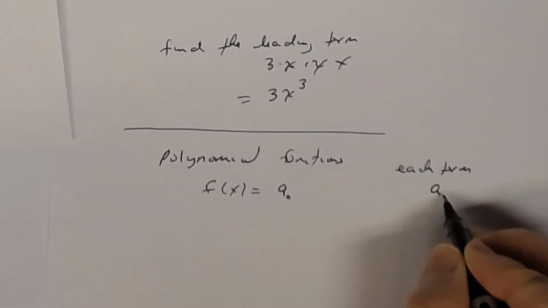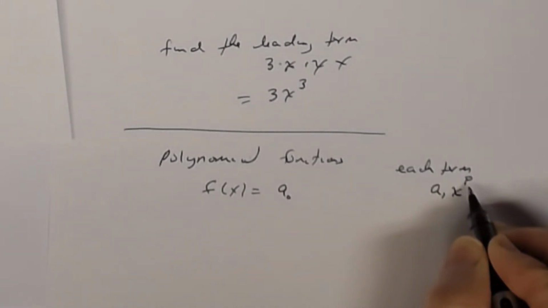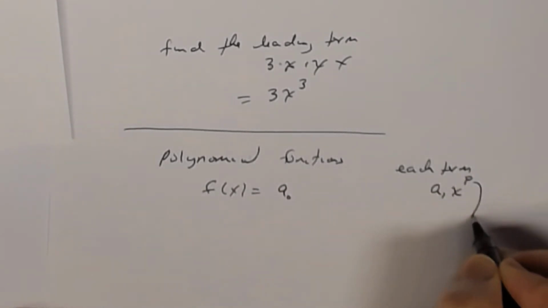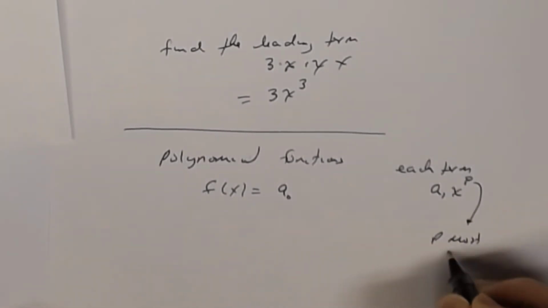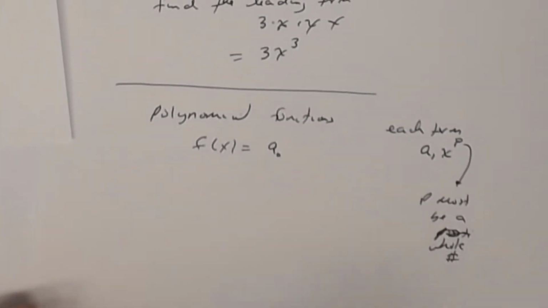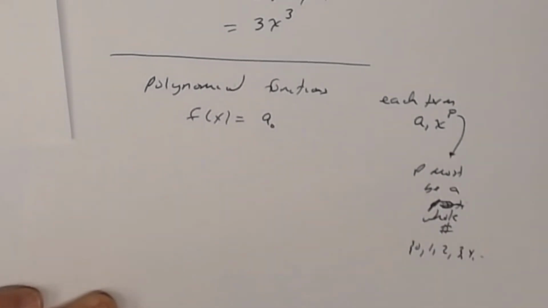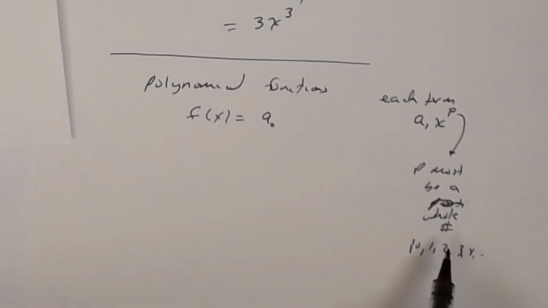You have a coefficient, a sub 1, let's say, times x to an exponent, and that exponent, p, must be a whole number, okay? So a whole number would be, remember, your whole numbers are 0, 1, 2, 3, 4, and so on. So p must be a positive integer or 0, okay? So p cannot be negative, your exponent cannot be fractions or anything like that, all right?